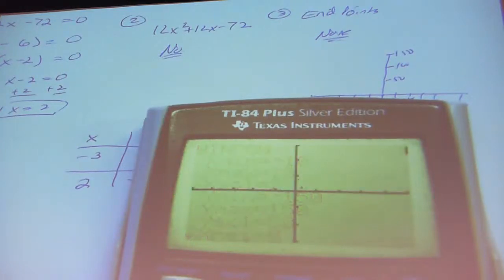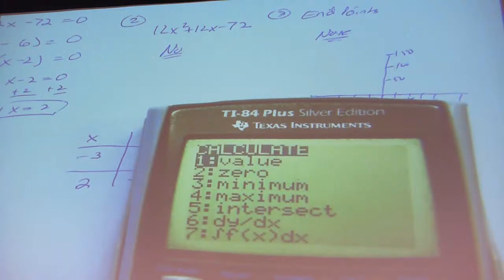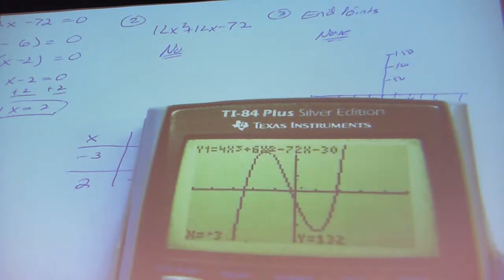Again, graphing the original. You can see it go up, you can see it go down, you can see what's going on there. Then if I hit second trace, 1 for value, if you look at negative 3, there we have a local max. Y to the left and to the right are lower, therefore we have a local max. If I type in 2, that's down here, to the left and right are higher, therefore we have a local min.